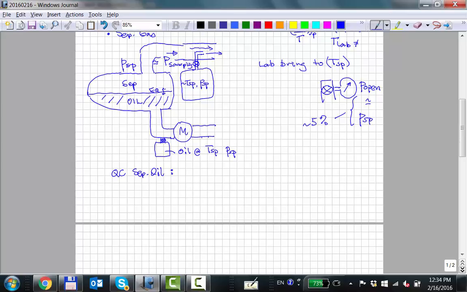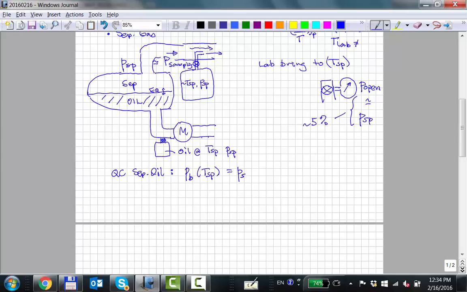Anytime you've got two phases together in a system and they're in equilibrium, the gas is at its dew point and the oil is at its bubble point. Fundamental. That's just going to be that way. So we know that the bubble point of that oil at the separator temperature should be equal to what?